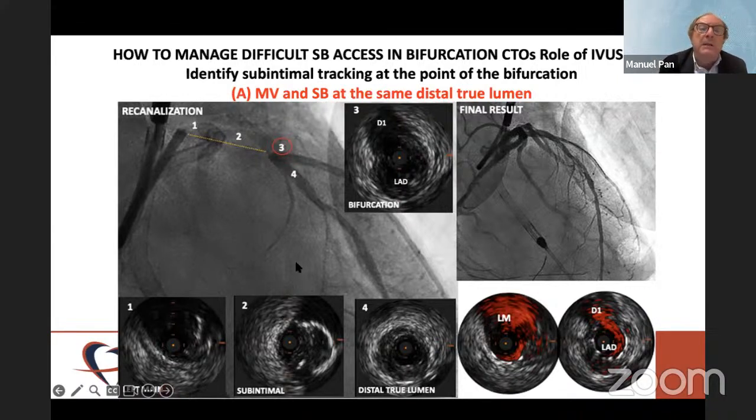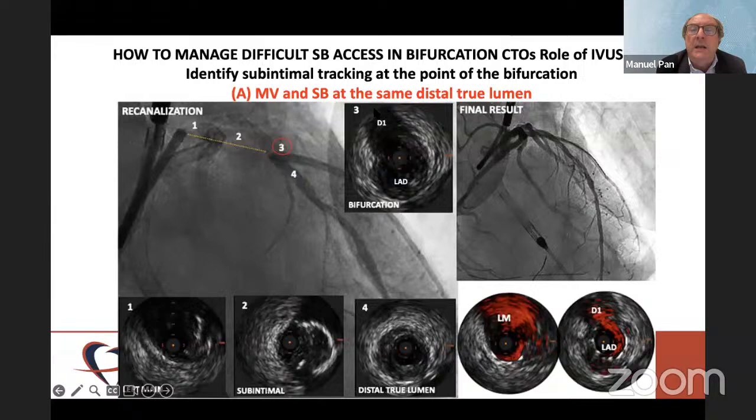You have two possibilities. The first possibility is the more favorable. After recanalization of the CTO segment, the wire is located at the LAD. You perform an IVUS and see that in the center of the CTO, the position of the wire is subintimal, but at the end, the wire reaches the true lumen.